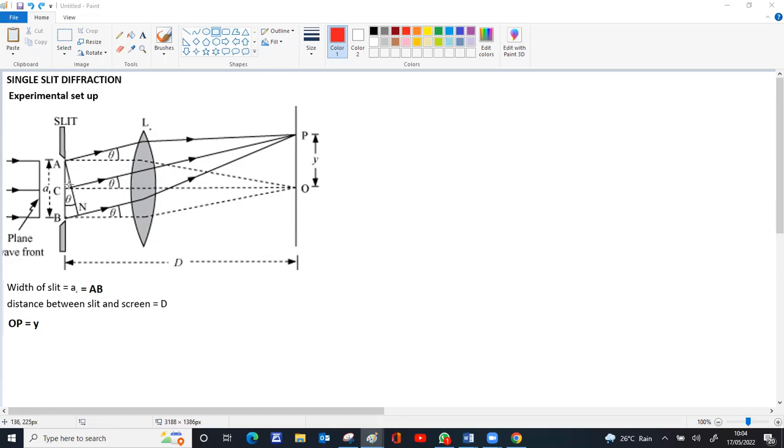This is 60, so this will again be 30. That means angle BAN will be the same as theta.